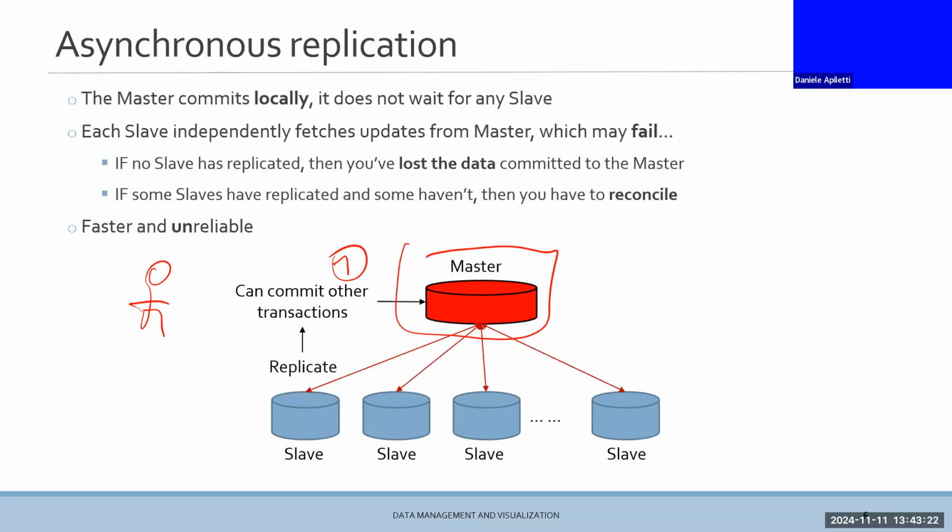So between these two extreme options in real life, what happens? One of the very common options of MongoDB in this situation is to wait for the so-called quorum. So you wait for at least half of the slaves plus one to acknowledge the update.